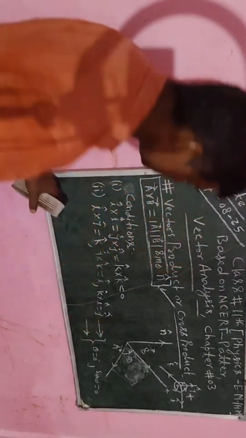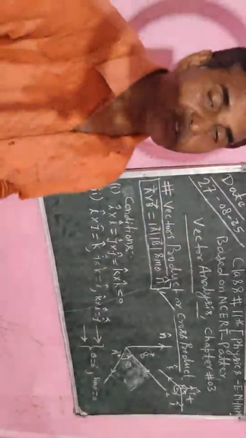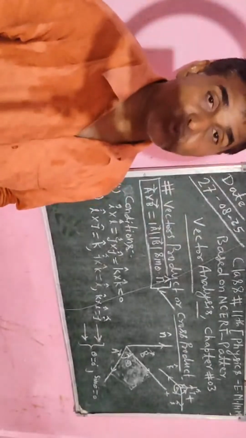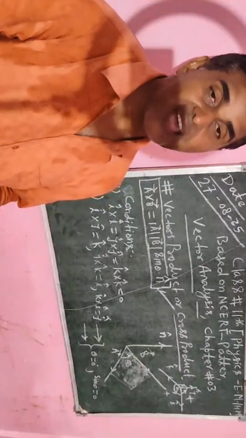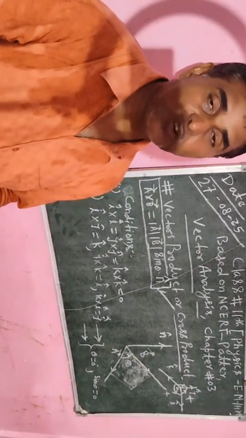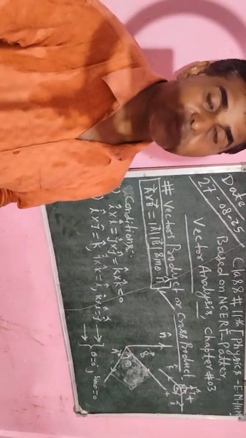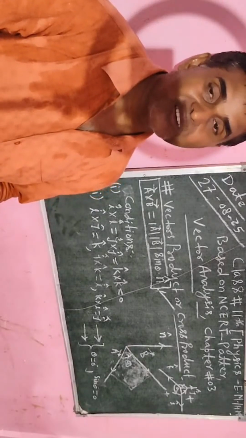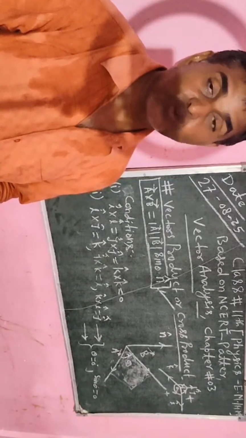So we have to remember it, because when I was explaining the scalar product of two vectors, I explained that vector a dot vector b is equal to the magnitude of vector a into magnitude of vector b into cos theta.